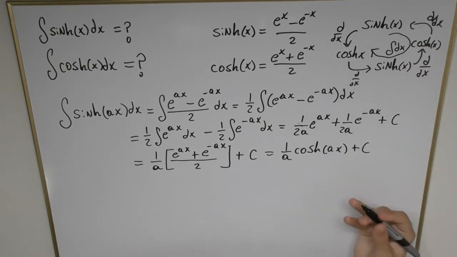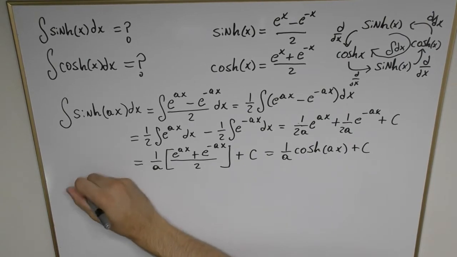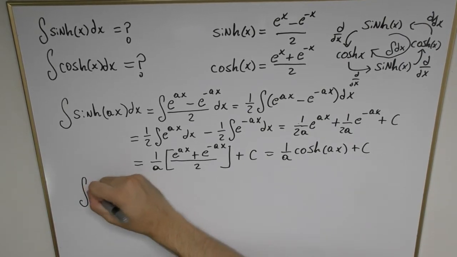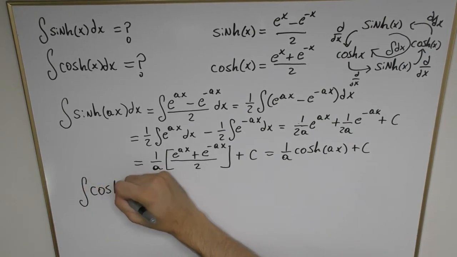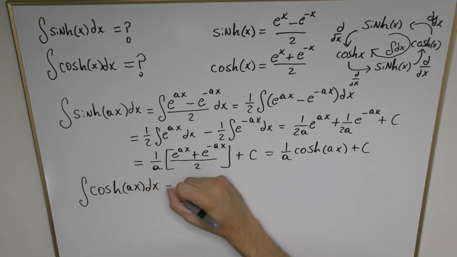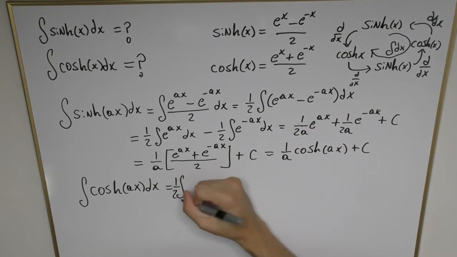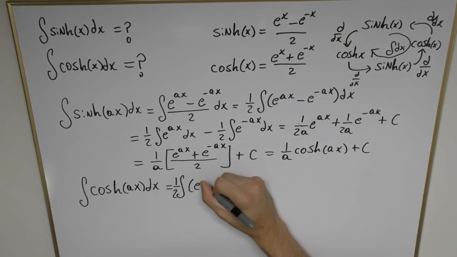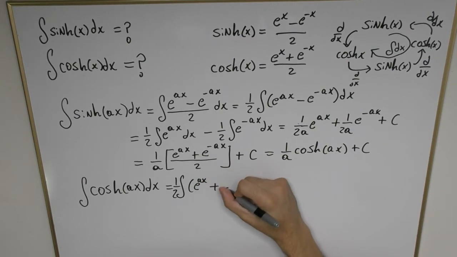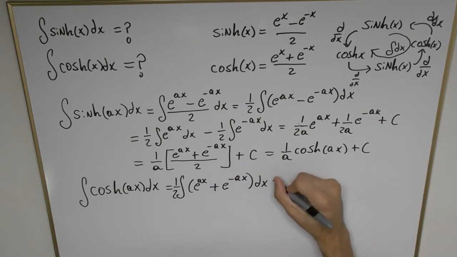Now let's apply the same logic to the cosine hyperbolic. And as before, I'm going to start off by writing it as the integral of cosine hyperbolic of ax dx. Now we're going to decompose that into this integral. So let's write it as half at the front, e to the ax, plus e to the minus ax, dx.